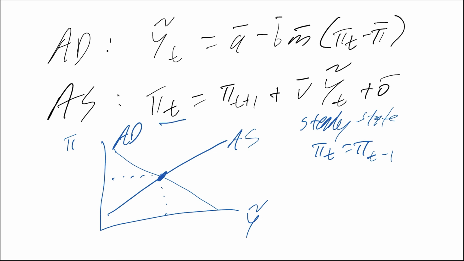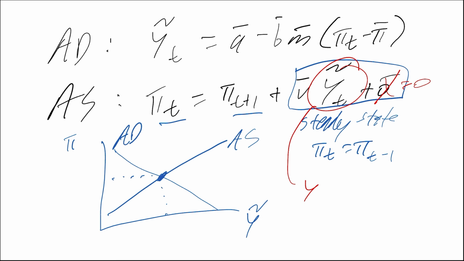And if this equals this, then this should be equal to 0, right? Because those would subtract each other out. So we have 0 equals this. If we're in the steady state, there's no supply or demand shocks. There's no inflation shock here. So this equals 0, which means that this term would be equal to 0, which means that our output equals our potential level of output.